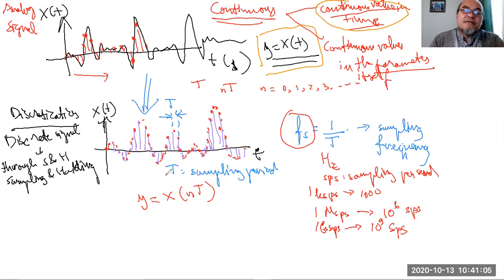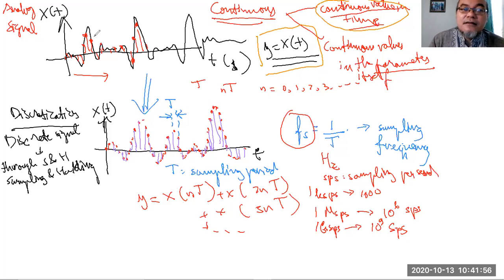So we have x(nT), then x((n+1)T), x((n+2)T), and so on, until infinity.